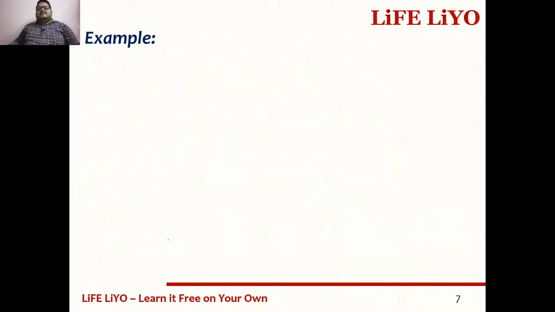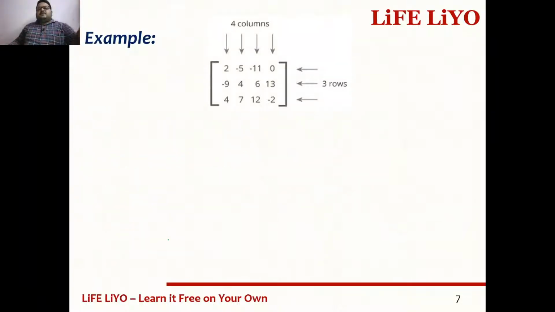Let us consider an example. This is the example which we have taken in the previous one. Now this is row 0, this is row 1, this is row 2. Let us assume my matrix name is dj. This first one is row 0, this one is row 1, this one is row 2.